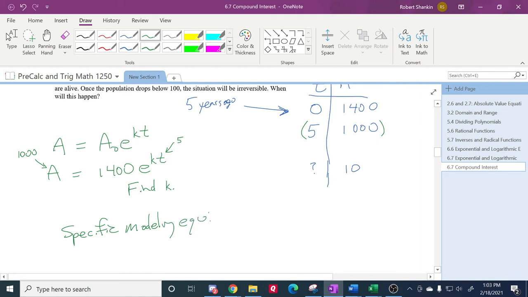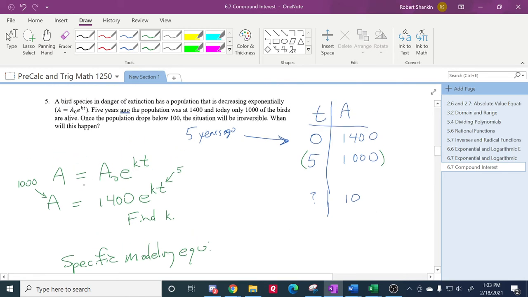And the specific modeling equation will be this one, but the A0 will be 4000 and the k will be whatever you got when you did this. And then from the specific modeling equation, you can plug in A is 10 and then solve it for t.